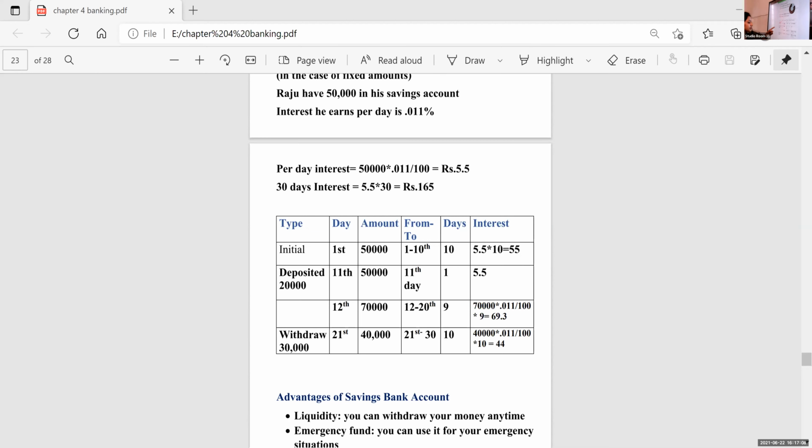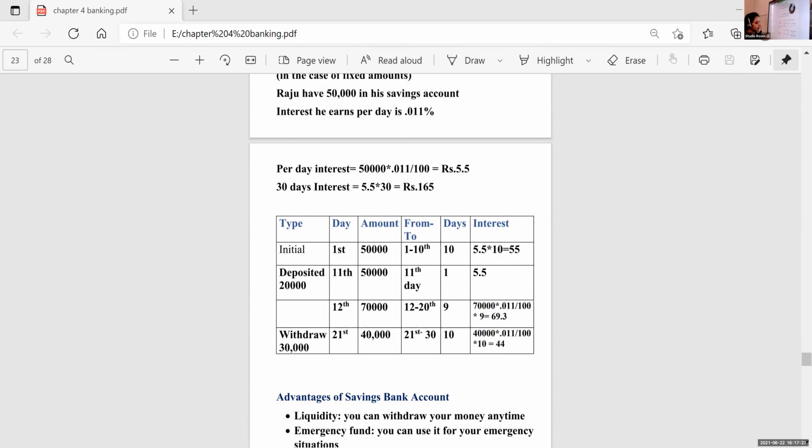So when is the deposit taking place? On the 11th day. So till the 11th, how many days are there? First day to 11th day, we have 10 days.